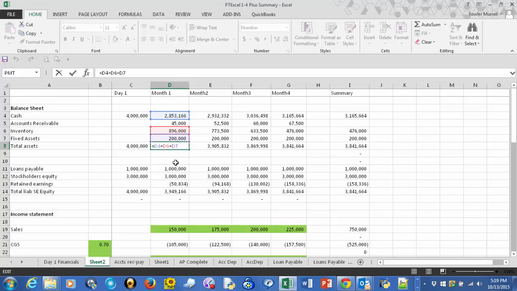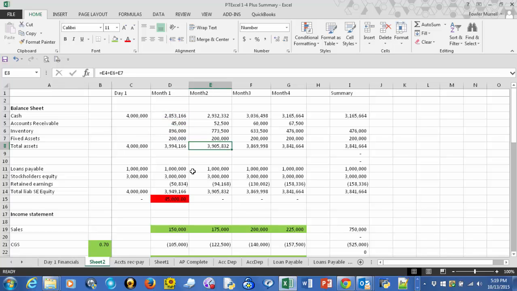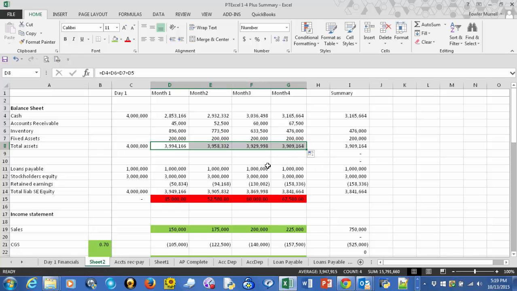Right, so let's include that 45,000. Now it's gone bad. And let's drag this across. And there we have this red, like we should, because we added something to this portion of the balance sheet, so we should be out of balance.